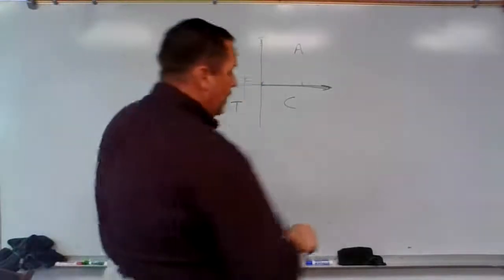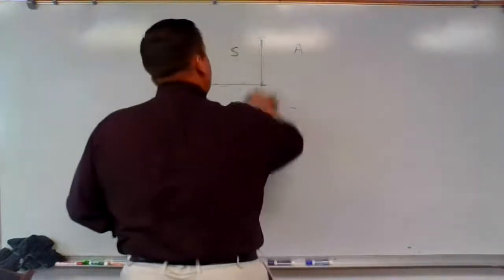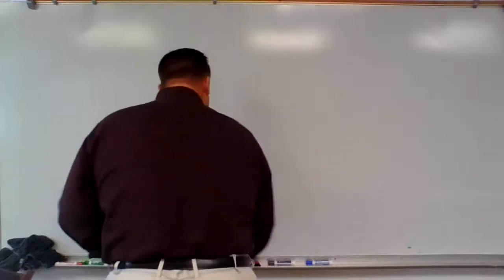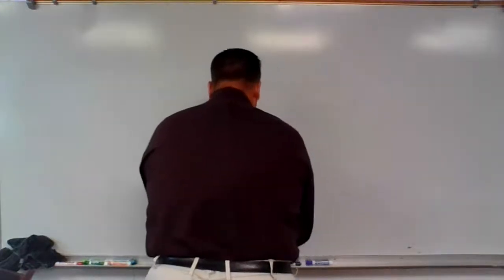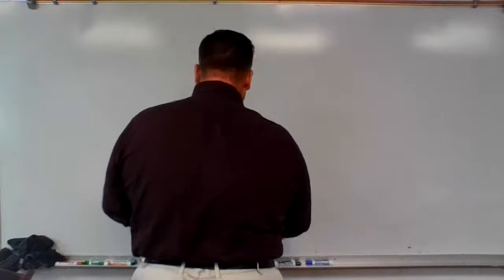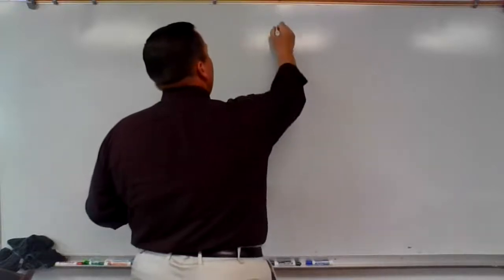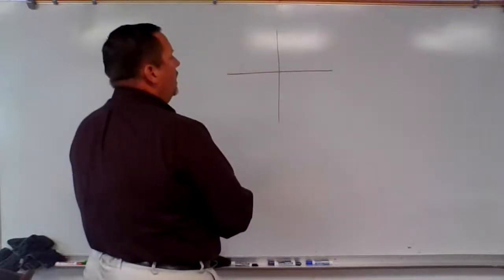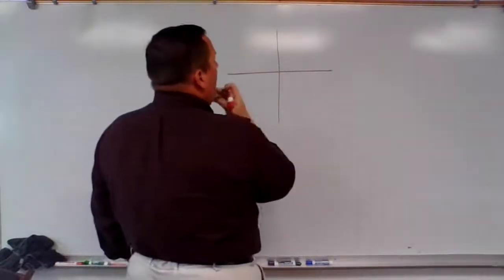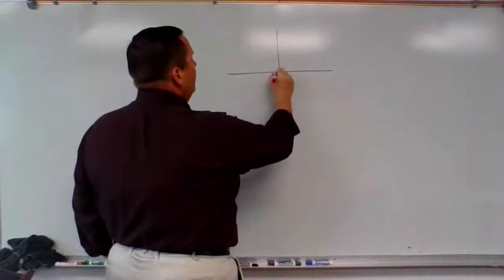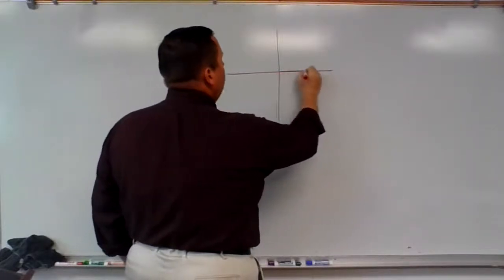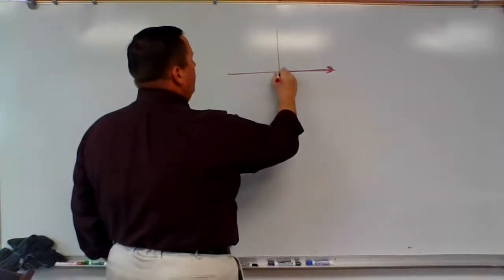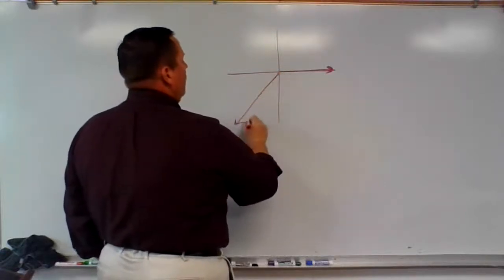I'd like you guys to play along. What I want you to do is draw a graph, X and Y axes, and we're going to have an angle in standard position. So its initial side is there, and it terminates over here.